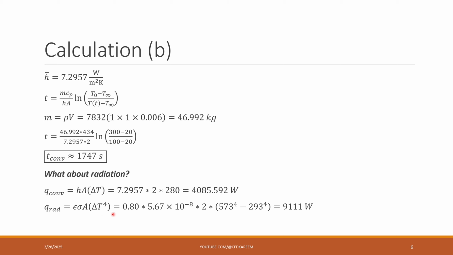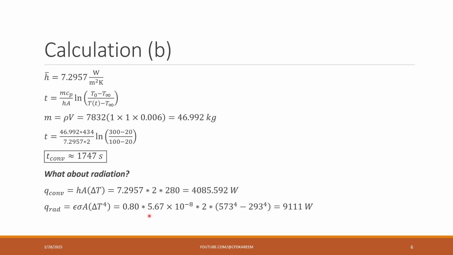And the one important thing to note here is what we select for our emissivity of the plates. In this case, since the plates just came out of a heat treatment process, they're likely going to be heavily oxidized and have a thick scale on it. And if we look up the value for oxidized steel, it's around 0.8. So we're going to use 0.8 in this equation.